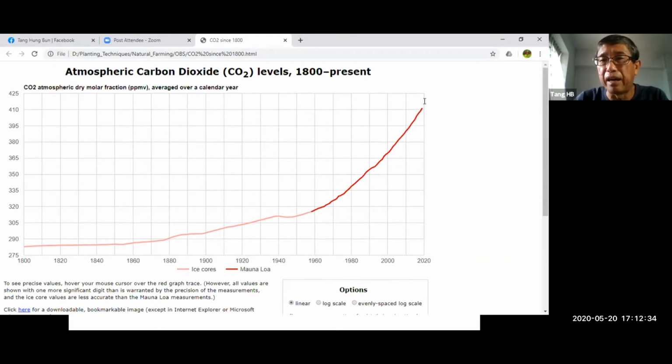And this year, if you check, it's 416 already, right? Of course, during this lockdown period, emission of carbon into the air is slower, but still the total level is still rising. It's quite a concern. So if more people are involved in sequestering carbon in the soil by growing food, that would help, right?